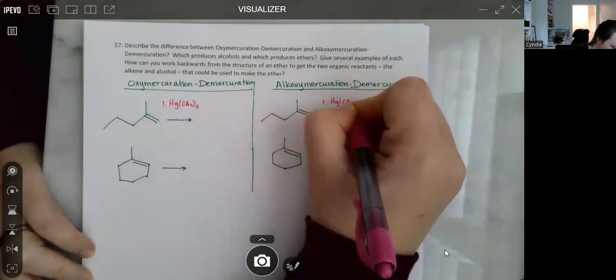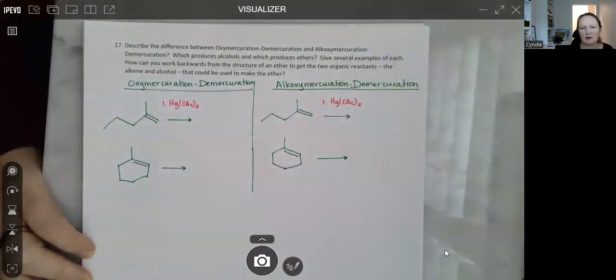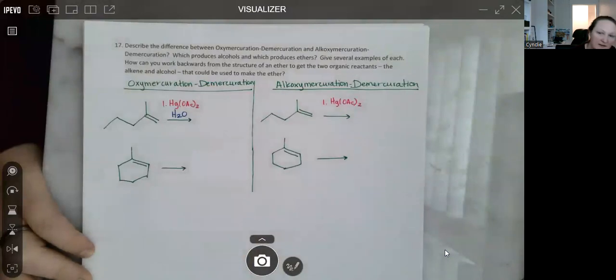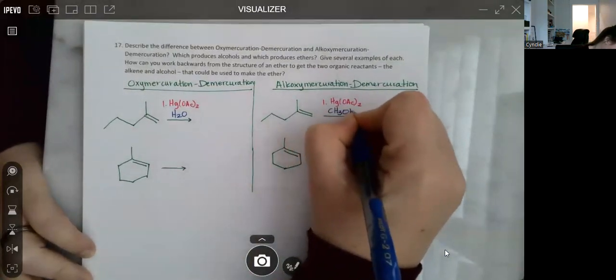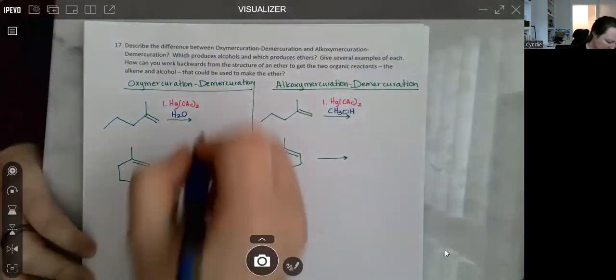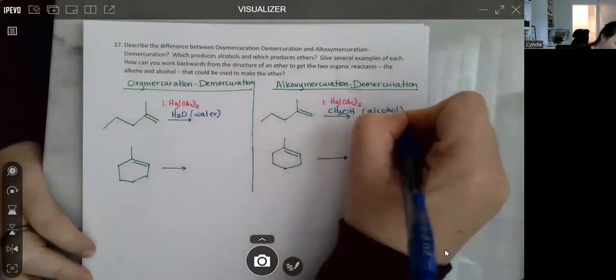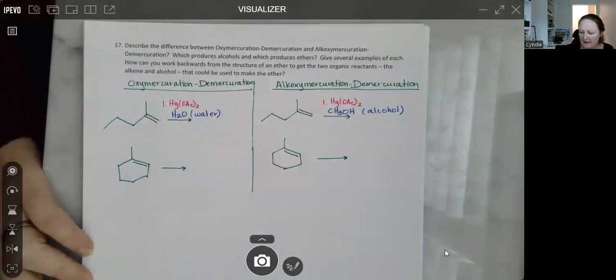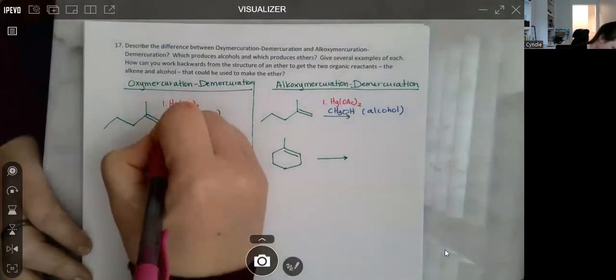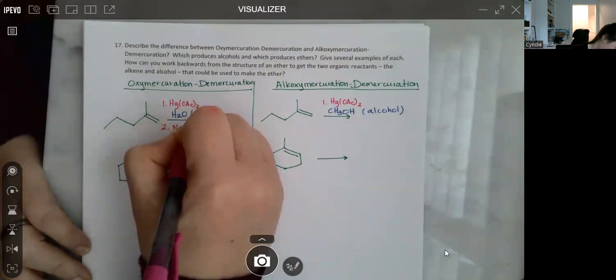And the alkoxymercuration, demercuration uses mercuric acetate and an alcohol. I'm going to make those a different color just so it stands out. So the difference here is we would be using water versus an alcohol. And then the second step is the same in either case, sodium borohydride.